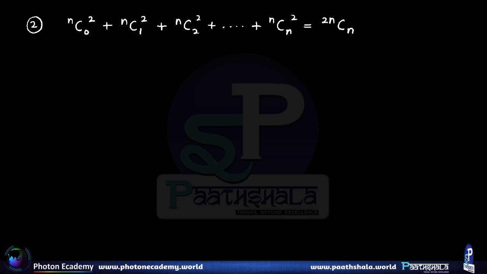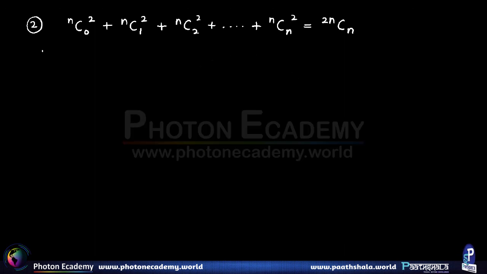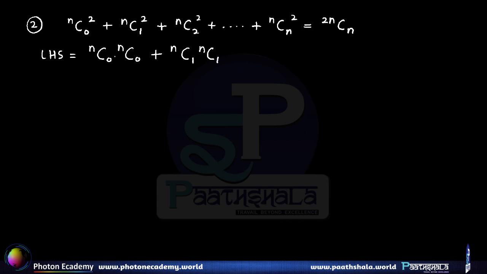So the left hand side is nothing but the sum of squares of all the binomial coefficients. Now let's consider LHS first. Each square we can definitely write as the product of the same terms, that is NC0 square is nothing but NC0 into NC0 plus NC1 into NC1 and so on up to NCn into NCn.